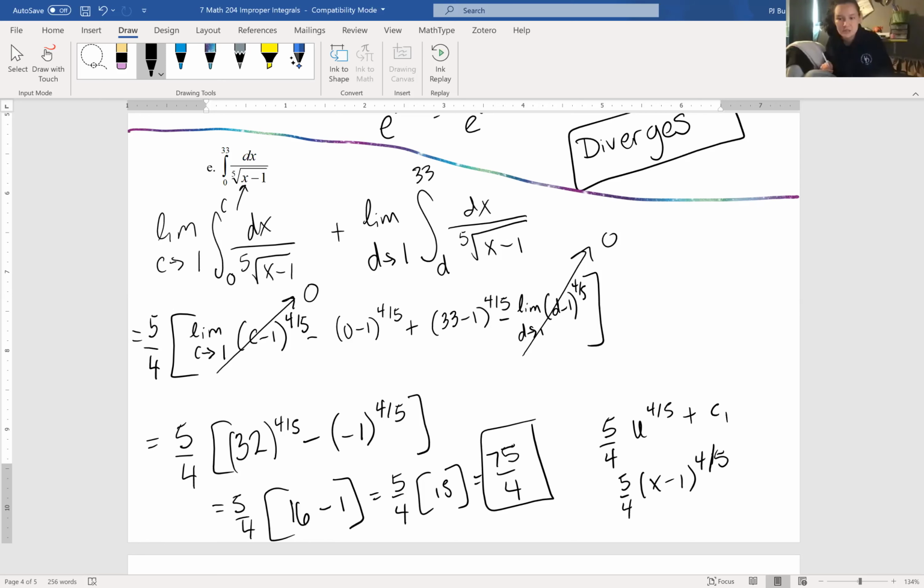I have a question. Before you evaluated the limits to be 0, would they have canceled out anyways? What do you mean? So like you have the limit as C approaches 1, and then you have the limit as D approaches 1, but you're subtracting that. Would they have canceled out? In this case, sure, but in every case, I wouldn't say that, right?